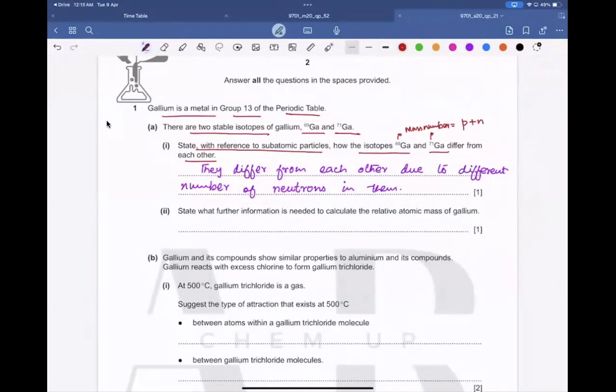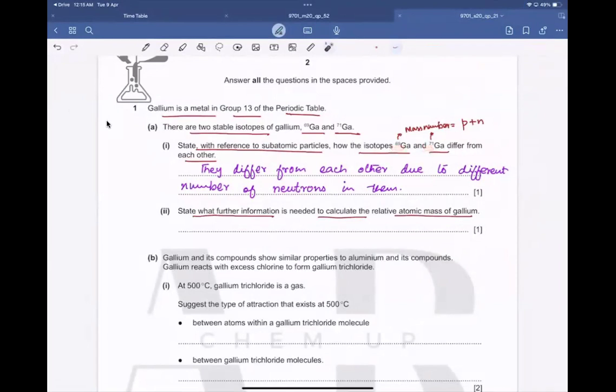next part. State what further information is needed to calculate the relative atomic mass of gallium. So if we have to calculate the relative atomic mass of any element, we need two things. One is, if you recall, the isotopic mass, and the isotopic masses are present over here.